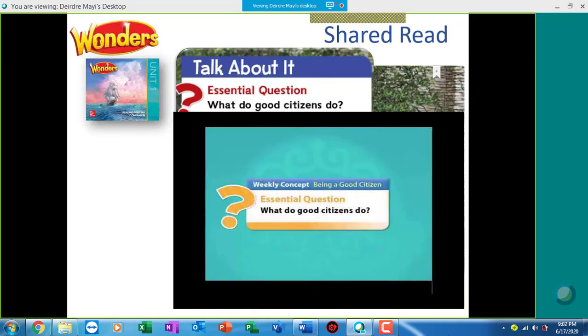They'll also be asked to engage in a collaborative conversation surrounding that question. But here's what we know. Far too often, there are students who don't have the background to be able to really confidently engage in the answering of that question. So every single essential question will have a video attached.